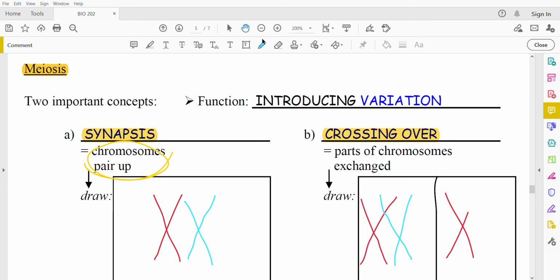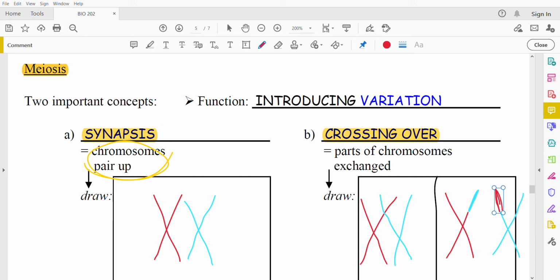And during these parts of the chromosomes lying on top of each other, we end up exchanging little pieces of them. You'll notice how this initially red chromosome received a little piece of the blue or turquoise chromosome. And this initially turquoise chromosome now has received a little bit of the red chromosome.